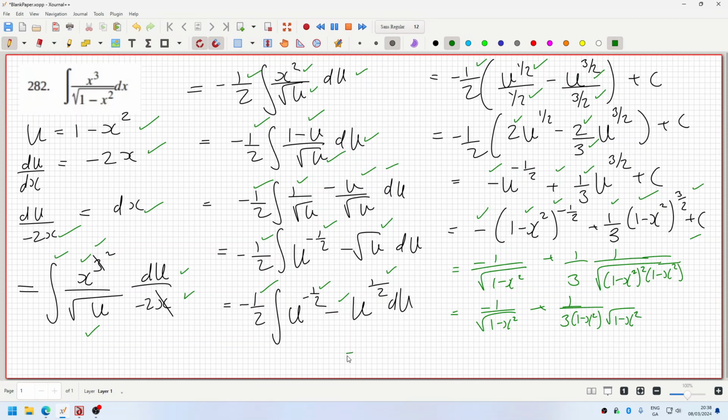So that would be minus 3, 1 minus x squared over 1 minus x squared root 1 minus x squared plus 1 over 3, 1 minus x squared root 1 minus x squared. So that's 1 minus x squared root 1 minus x squared, and then on the top, that's 3x squared minus 3 plus 1, minus 2.